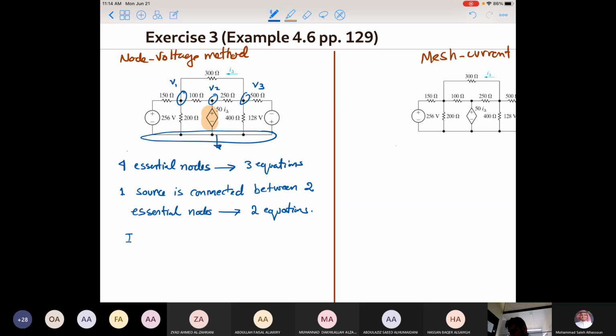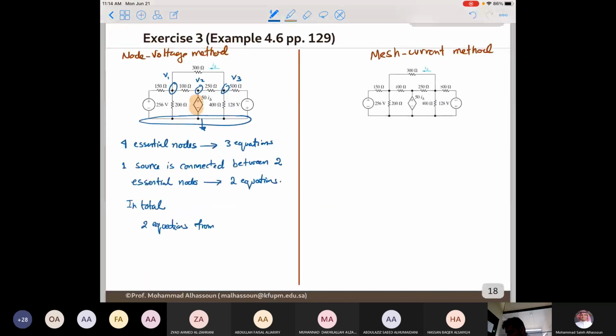So in total, what I have is 2 equations from the node voltage method and 1 equation from the dependent source.